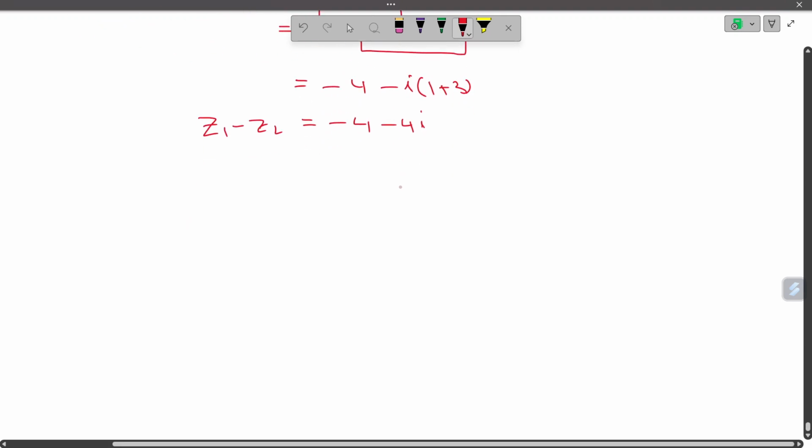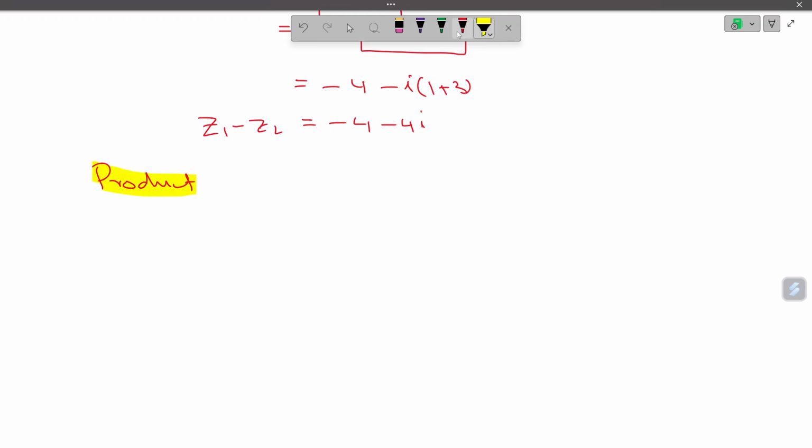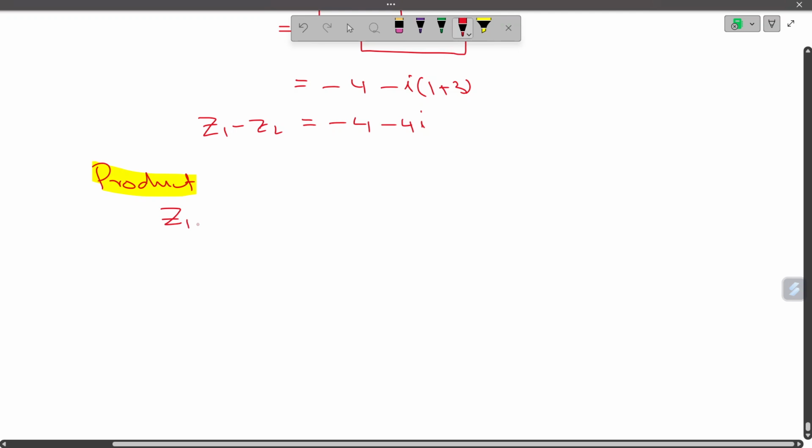Now the product of two complex numbers. Product means z1 into z2. What is your z1? 2 minus i, and z2 is 6 plus 3i.